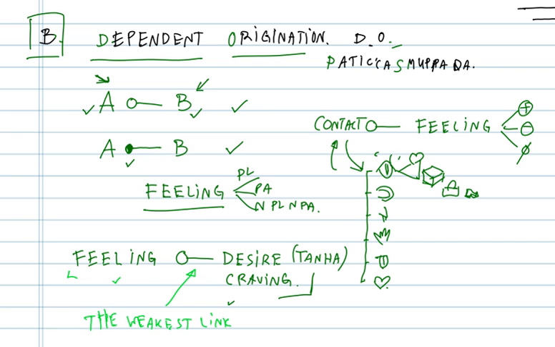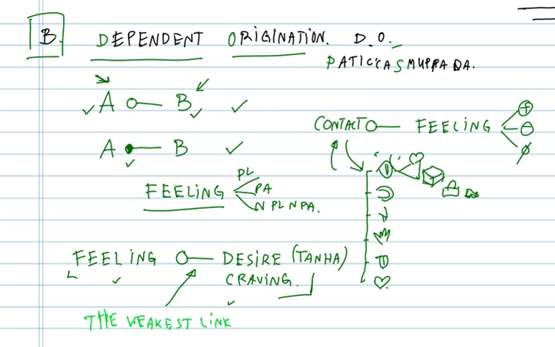If you look at this relationship between feeling and desire, when feeling, desire comes to be. With the arising of feeling, desire arises. If you look at the four noble truths, the cause of suffering is desire or craving. That's why, how do we have feeling so that we don't have desire?